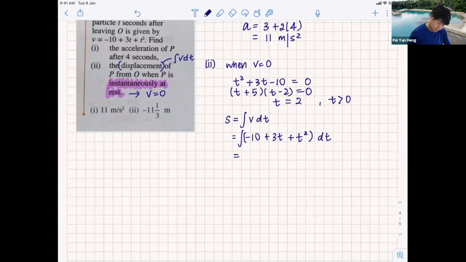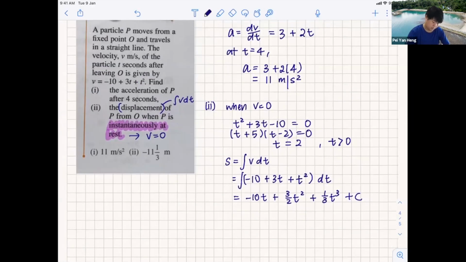If you integrate this, you get minus 10t plus 3/2 t squared plus 1/3 t cubed plus c. Don't forget this is an indefinite integral, so you need to put the constant at the back, plus c. Now we need to find out what the value of c is.